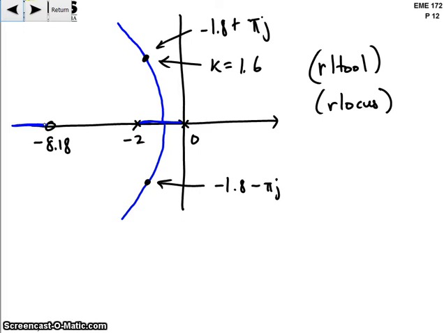Now I'm almost running out of time, but I want to talk a little bit about why we would use a lead compensator instead of a PD controller. So the first problem with the PD controller is that it's not realizable, because it has no poles.